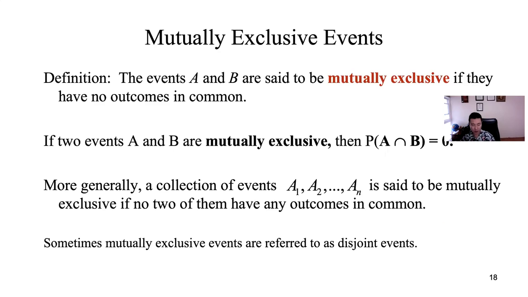If we have more than two events, A1, A2, up to An, and no two of them have any outcome in common, then we say these n events are mutually exclusive. That's another name for this: disjoint events. So basically it means there's no intersection for these n events, A1, A2, to An.